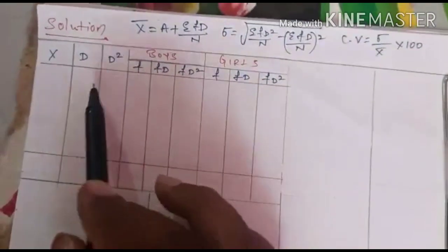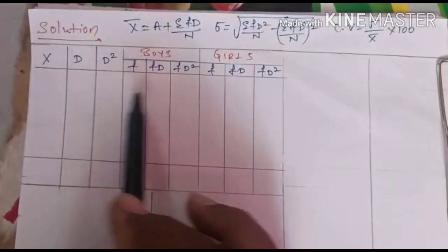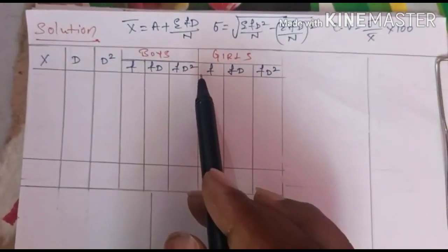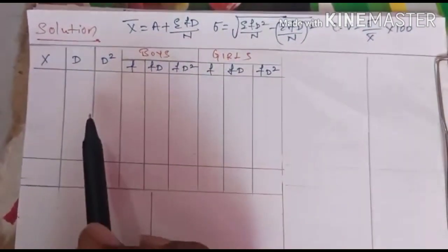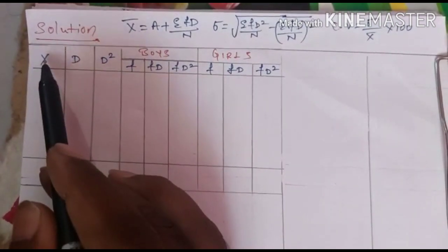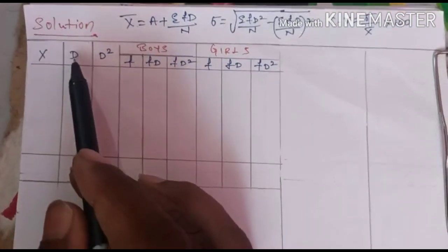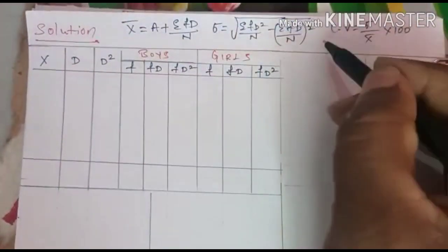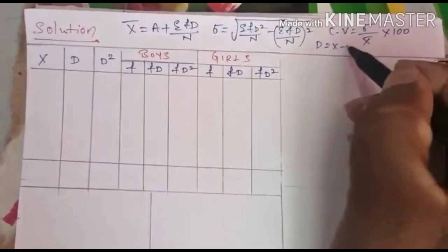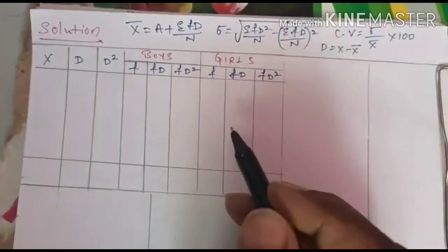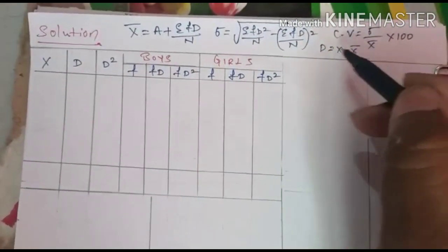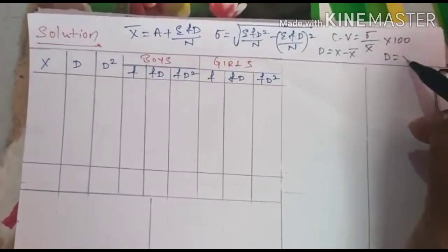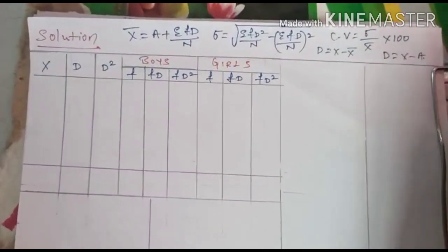Let's observe the table format used to find the mean, standard deviation and coefficient of variation of boys and girls. Here the first column represents scores, the second column D, that is a deviation. Deviation is the difference between scores and arithmetic mean. In this case, I am using the step deviation method, therefore D is equal to x minus a, the assumed mean.